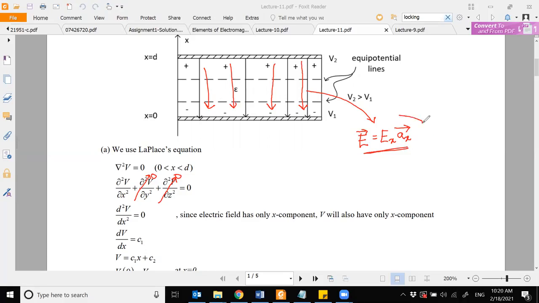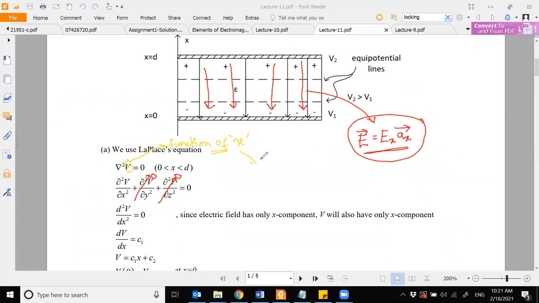With this, if the electric field has only the x component, then your potential V will be only a function of x.